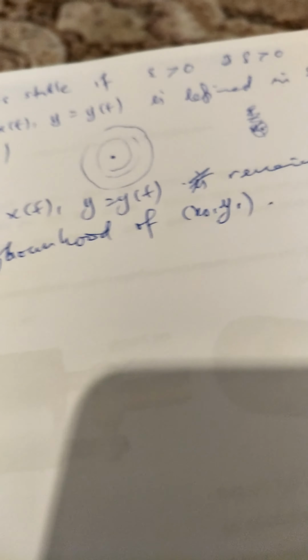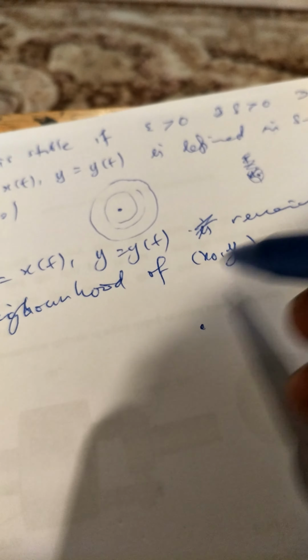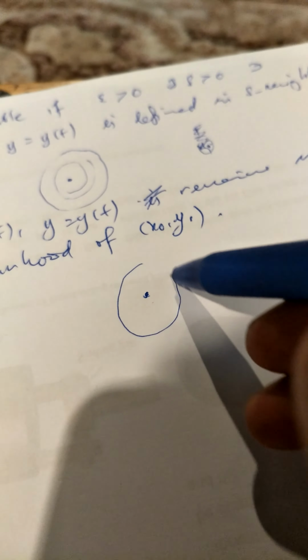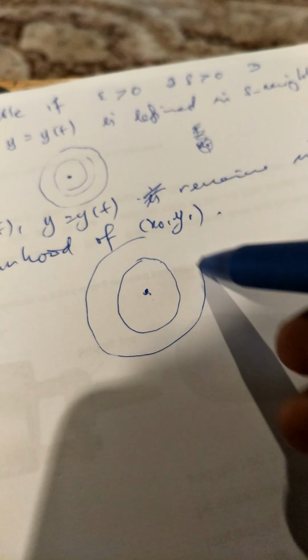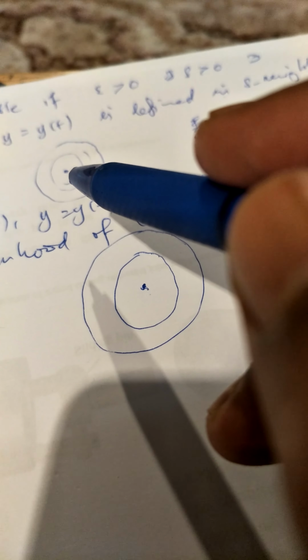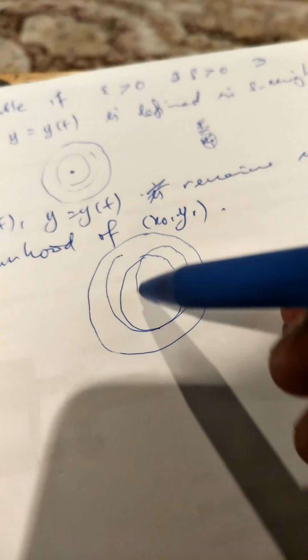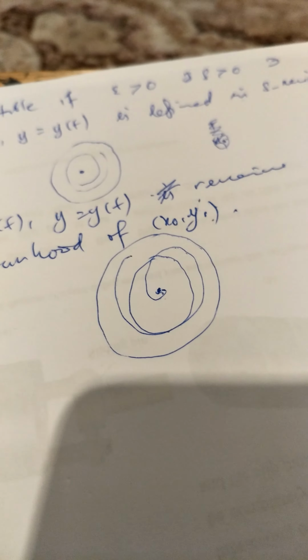Remaining in the neighborhood means that this is our critical point x0 y0. If this is the delta neighborhood, then we have the epsilon neighborhood here, and our trajectories remain inside there. They won't go out of that epsilon neighborhood.